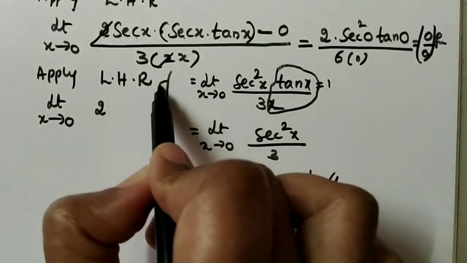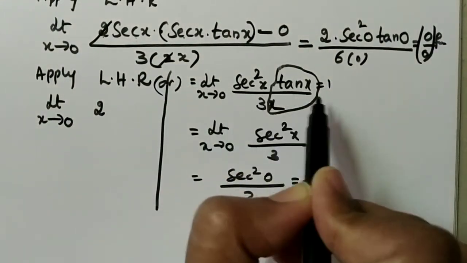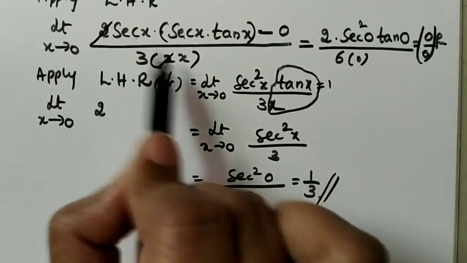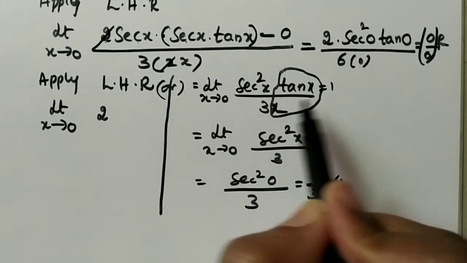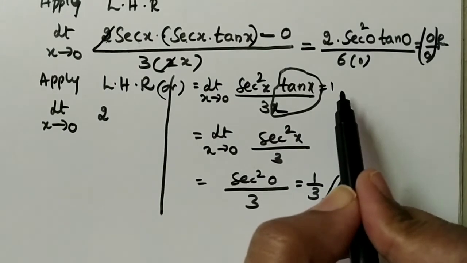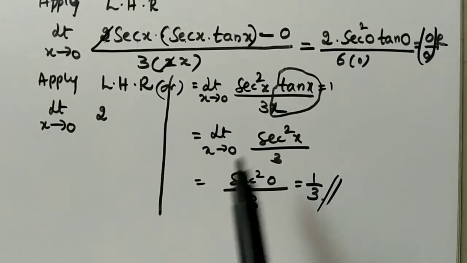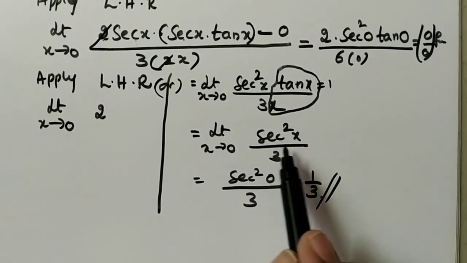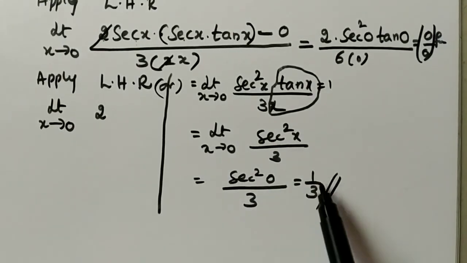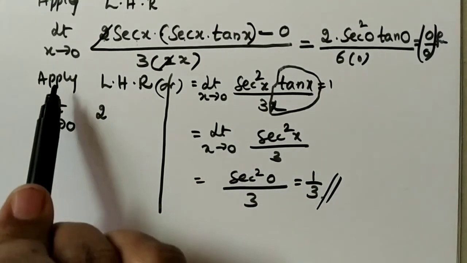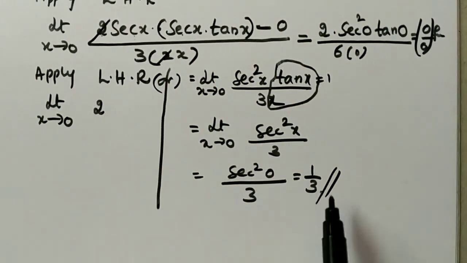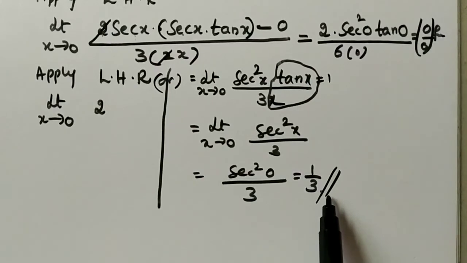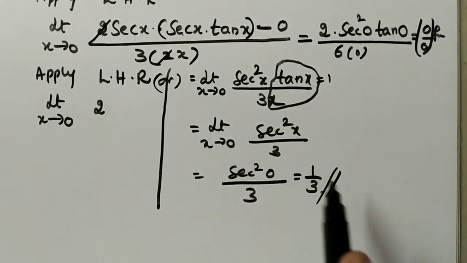Otherwise, you can directly simplify: 2 you cancel, secant square x into tan x by 3x, you got tan x by x, again it is 1. Substitute 1, the remaining is secant square x by 3. Apply the limit, you will get 1 by 3. Without applying or with L'Hospital rule also, you will get the same answer. No problem. Just check it once. Thank you.